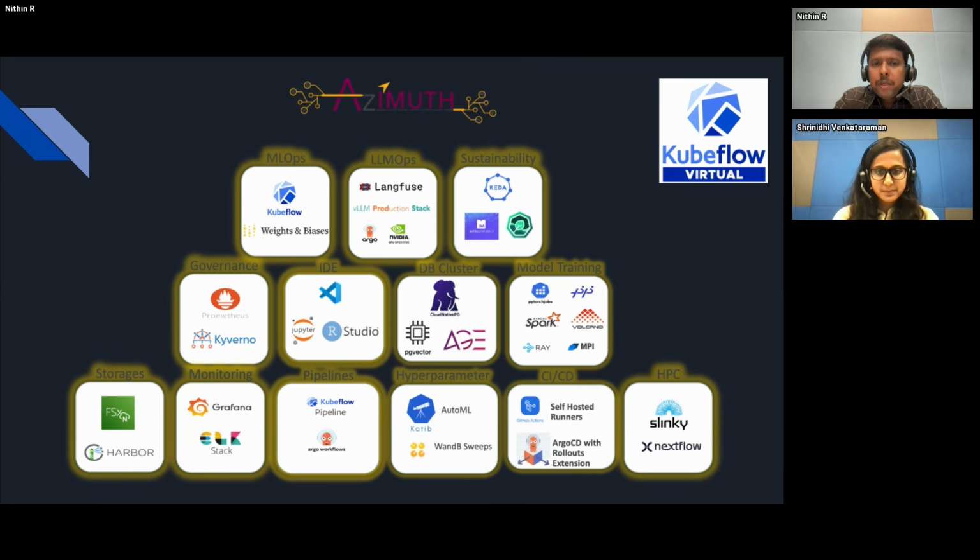Our mission is to build a robust and scalable machine learning platform in a cloud native environment, and thus we built an in-house machine learning platform called Azimuth. Here, the primary component is Kubeflow for the end-to-end machine learning lifecycle, and we use Weights and Biases for ML experiment tracking and model registries.